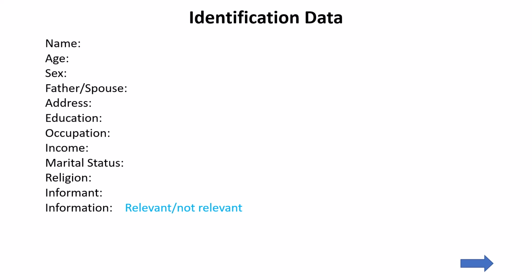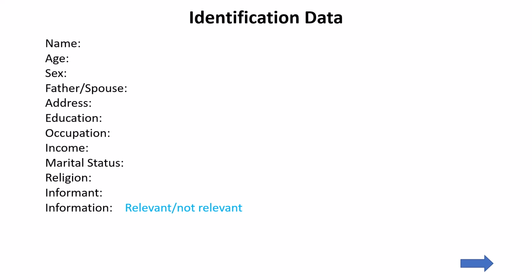Relevant is exactly why this problem happened, where it started, what are the signs and symptoms exhibited by the patient. Everything we can get from the accompanying persons. That is what we are mentioning here: the information is relevant or not relevant.